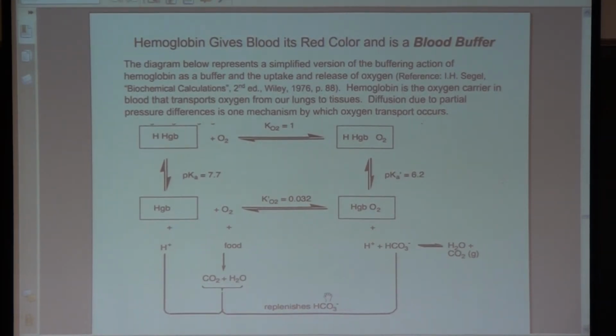That's going to replenish the HCO3 minus. But what else is that going to do? That's going to provide a proton, and that proton is going to react with the HGB, and that's going to form the HHGB, and that goes back to our lungs, and it starts all over again.